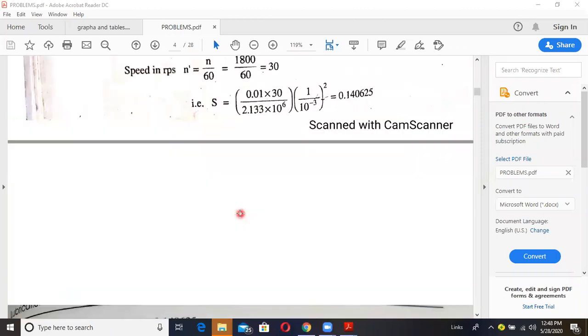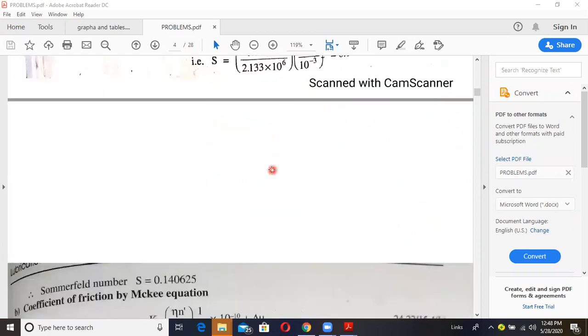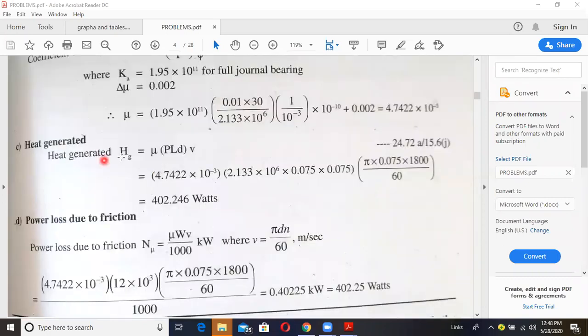That is the second unknown. Then the third unknown, the amount of heat generated, Hg. The formula to calculate Hg is equal to mu P L D into V. This is the formula to calculate the amount of heat generated. Here we know mu, which we calculated in the second step. We know the pressure, we know L, we know D, and we can calculate velocity.